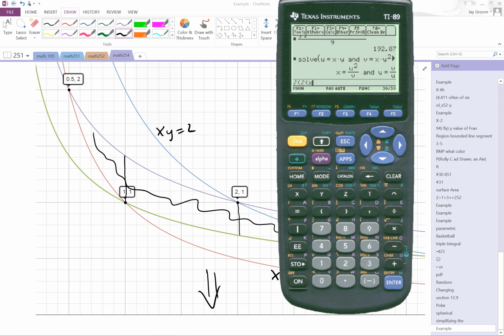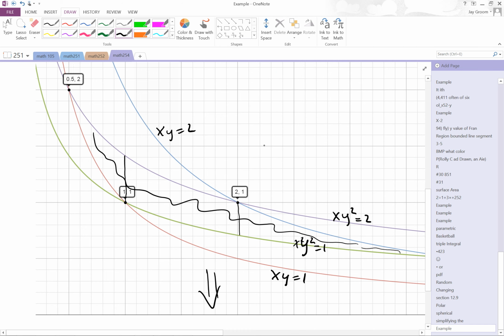Before I do that, I want my y's to be bounded by functions of x, right? So then you'd have to convert this to y is equal to the square root of 2 over x. Same with this down here: y is going to be square root of 1 over x. And this is y equals 1 over x, and this is going to be y equals 2 over x.